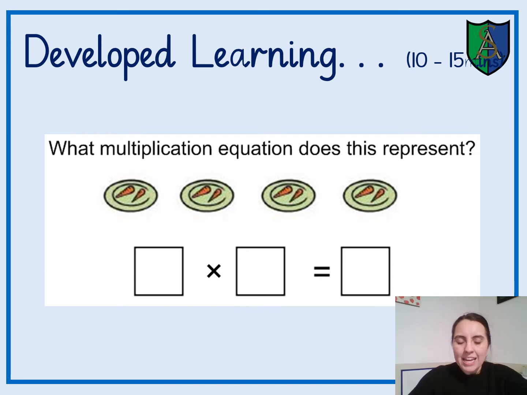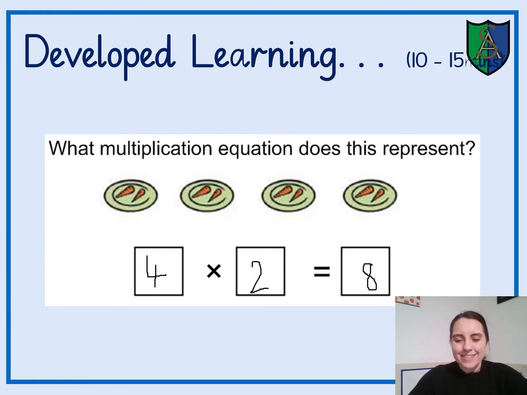So our multiplication equation would be 4 times 2, and we need to find out how many that's equal to. You can either count in your 2s for each of the plates, or you could just count how many carrots there are all together in the picture. I'm going to choose to count in my 2s. 2, 4, 6, 8. And the answer is 8.